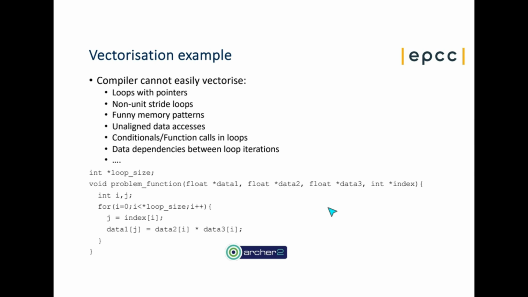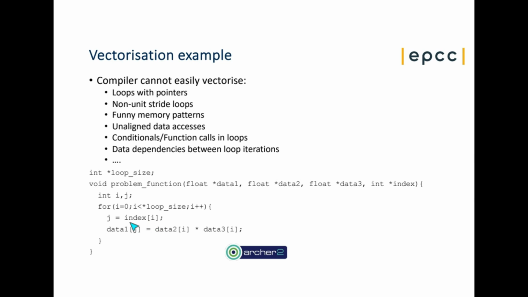Okay, so things like this, where we have indirect addressing. So J is read from a value in an array, and then that's used to index. That kind of thing causes problems.